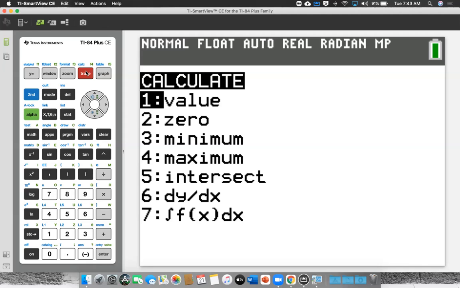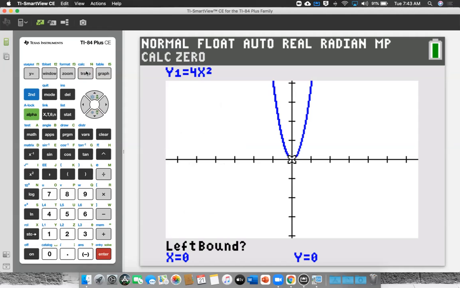Okay, so what I want is zero. So I want to find the zero. And then it's going to say, okay, use your little cursor to tell me where to approximate it. Where's the left side of the zero? Well, I'm kind of right on it right now, so the left side is probably over there a little bit, to the left of the zero. So I'm going to hit enter. And then where's the right side of the zero?